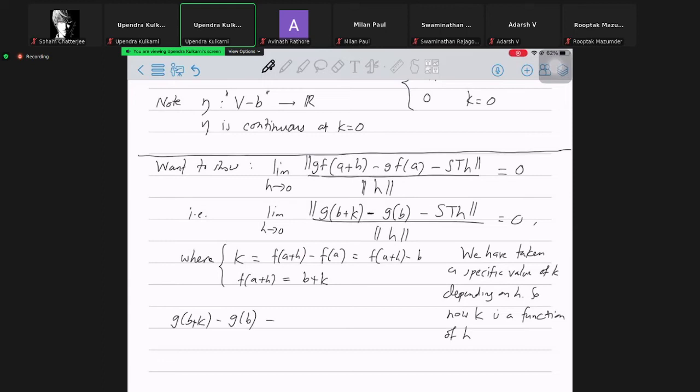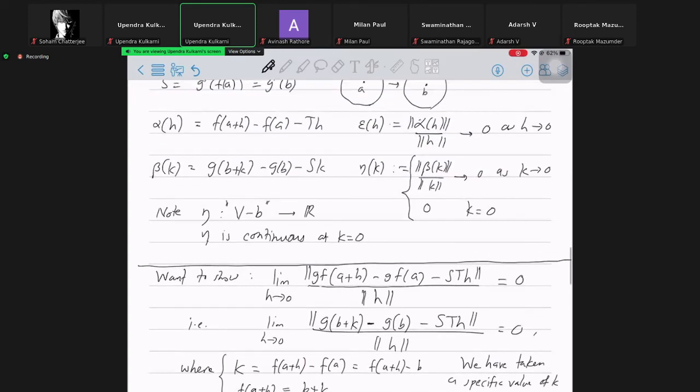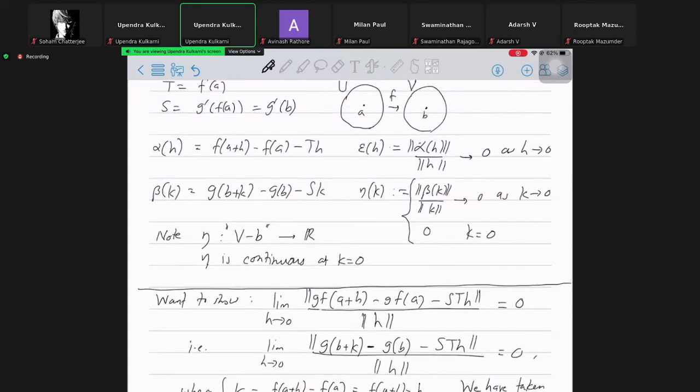The reason F is continuous is that it's differentiable at A, and we showed that last time. Okay, so here is the idea. I have defined these notations alpha and beta, and then epsilon and eta, for some error terms, right? So let us write that down. What is T of H?